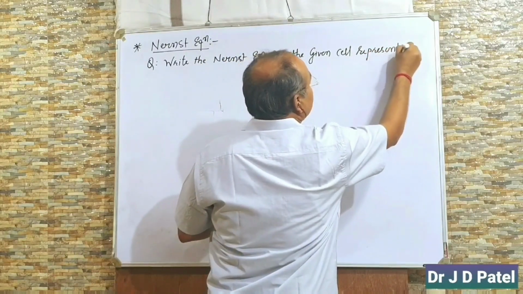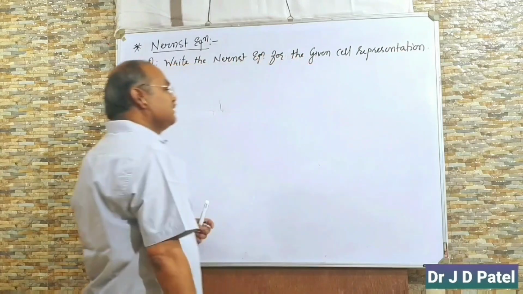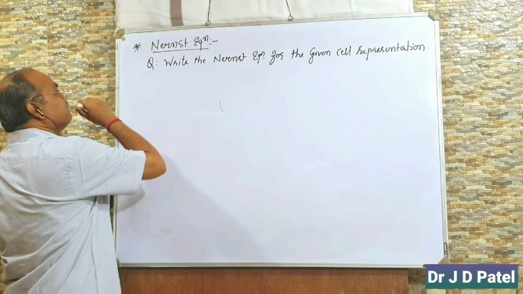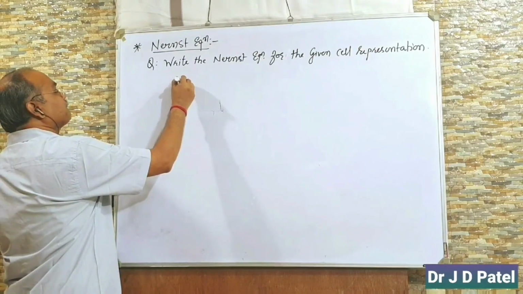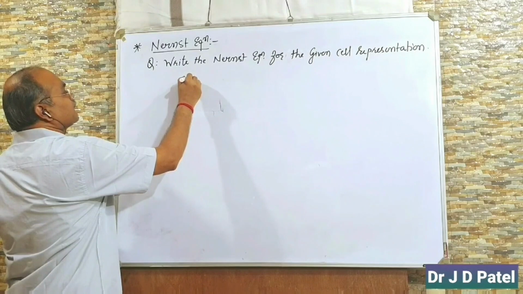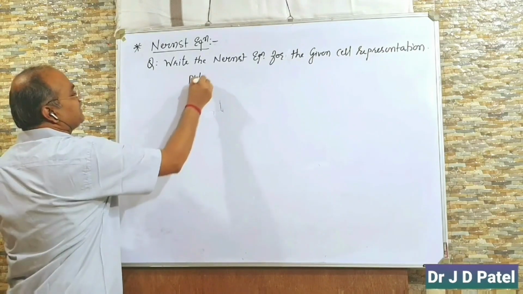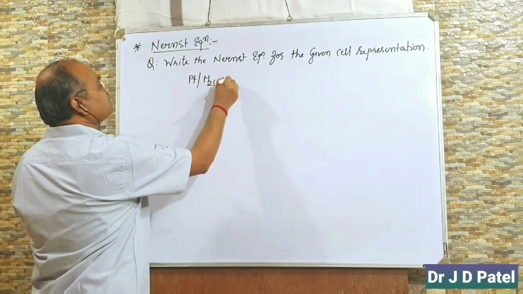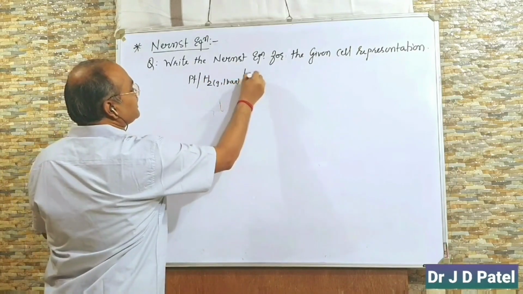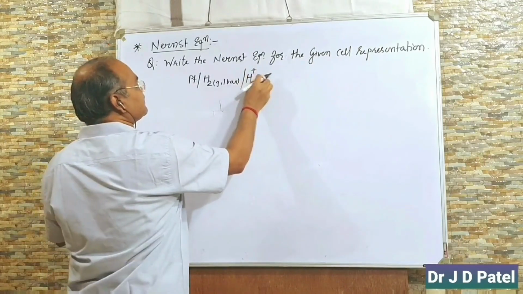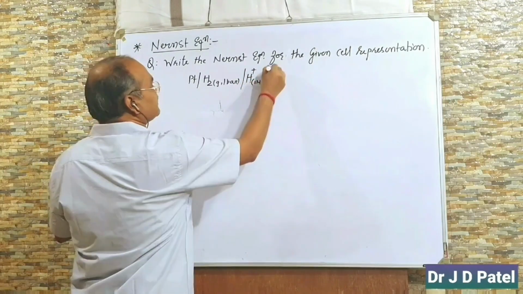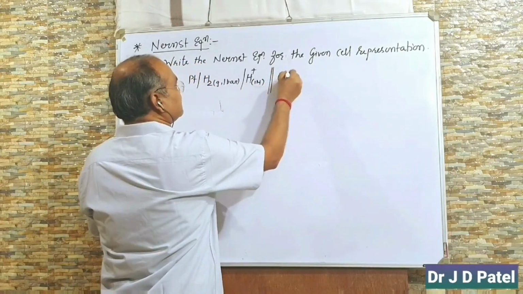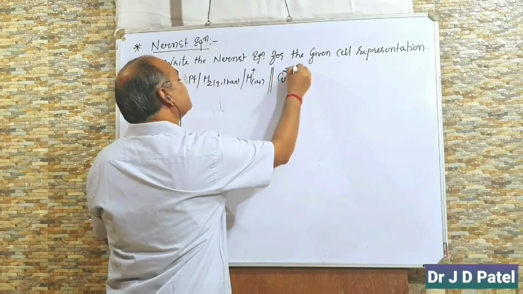I am giving you the cell representation. Pt, H2 gas 1 bar, oblique H2 H plus 1 molar, double slash Cu2 plus 1 molar oblique Cu solid.